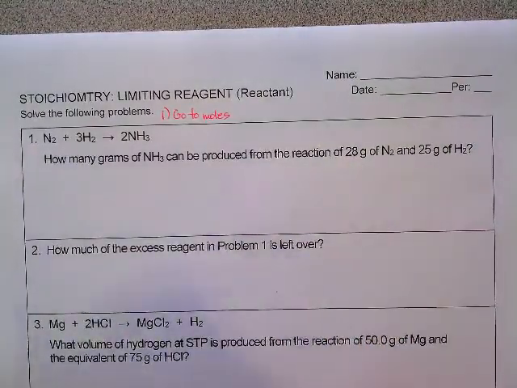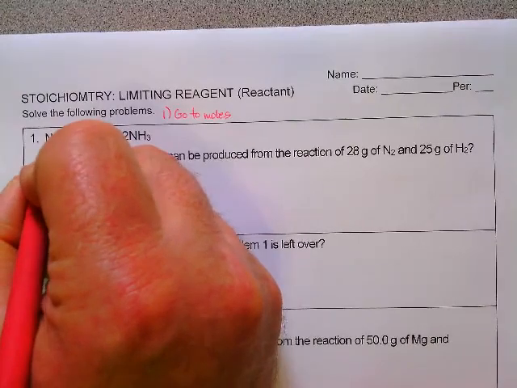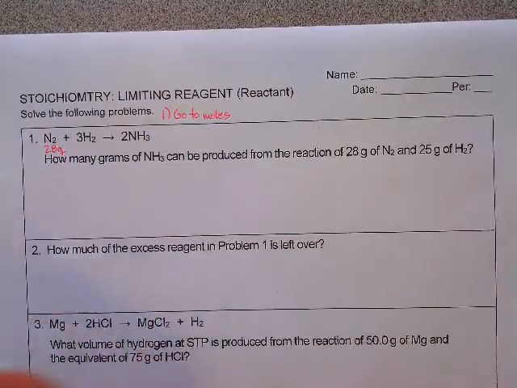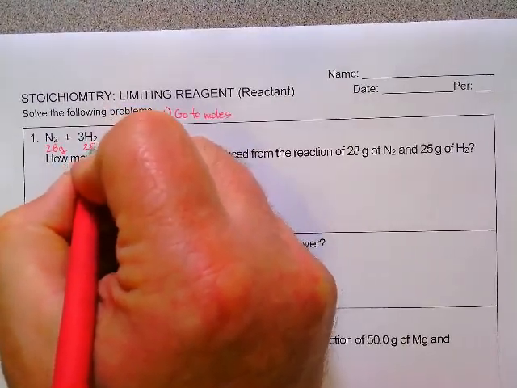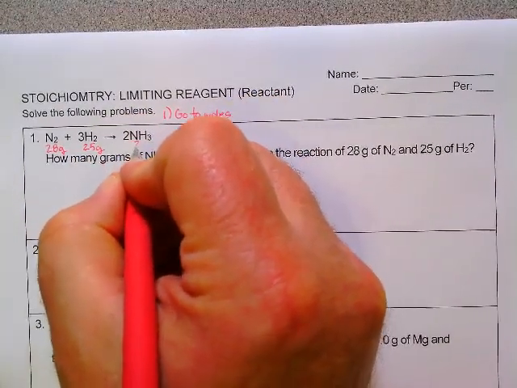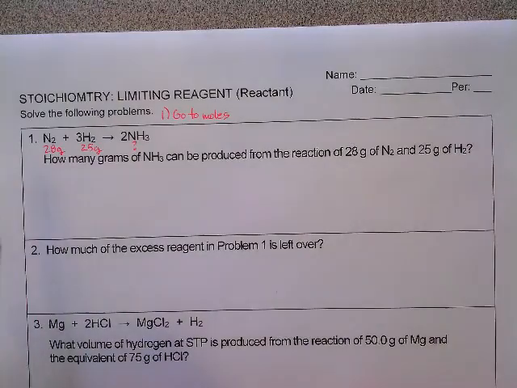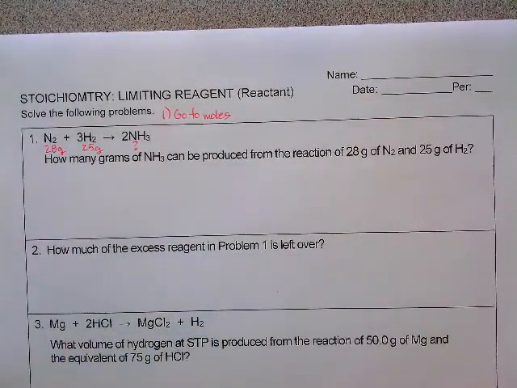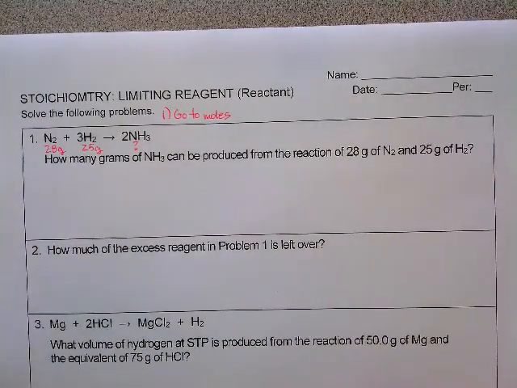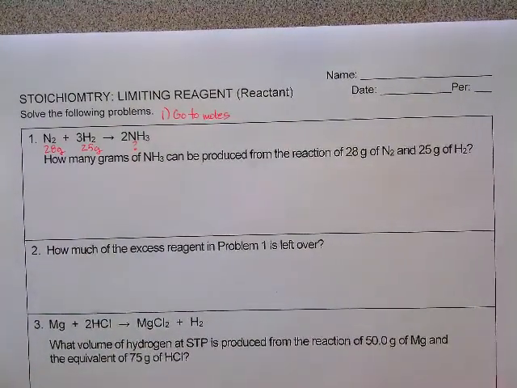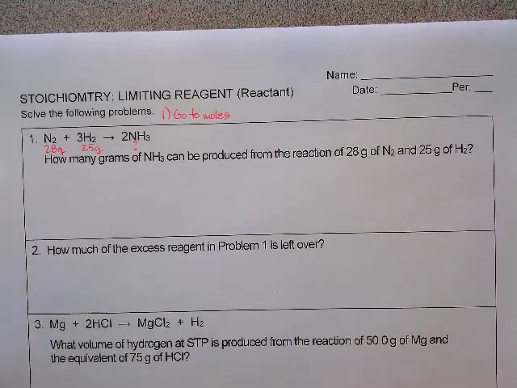We actually have 28 grams here and 25 grams here, and we want to know how much we're going to make. But in order to do that, I have to know whether or not these in fact fit that 1:3 mole ratio between the two. So the first thing I have to do is go to moles for both of them.